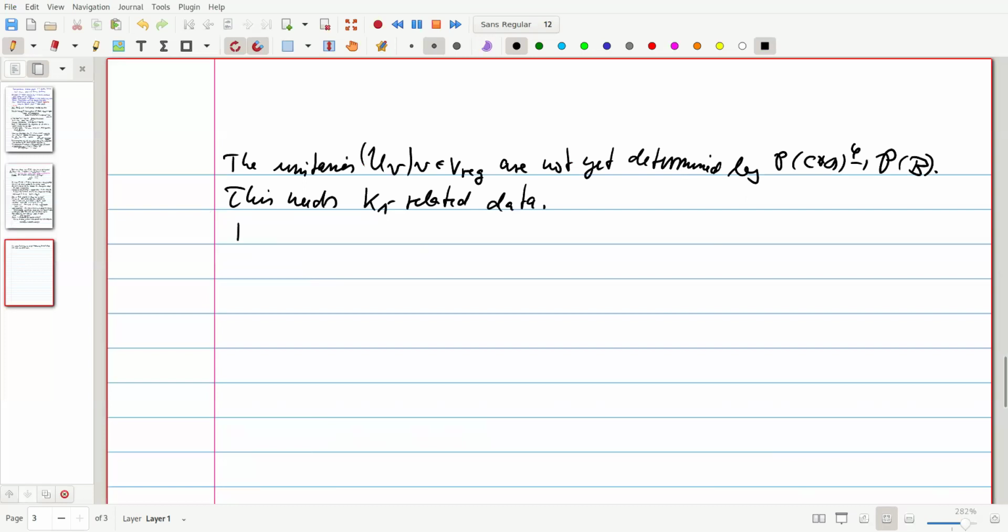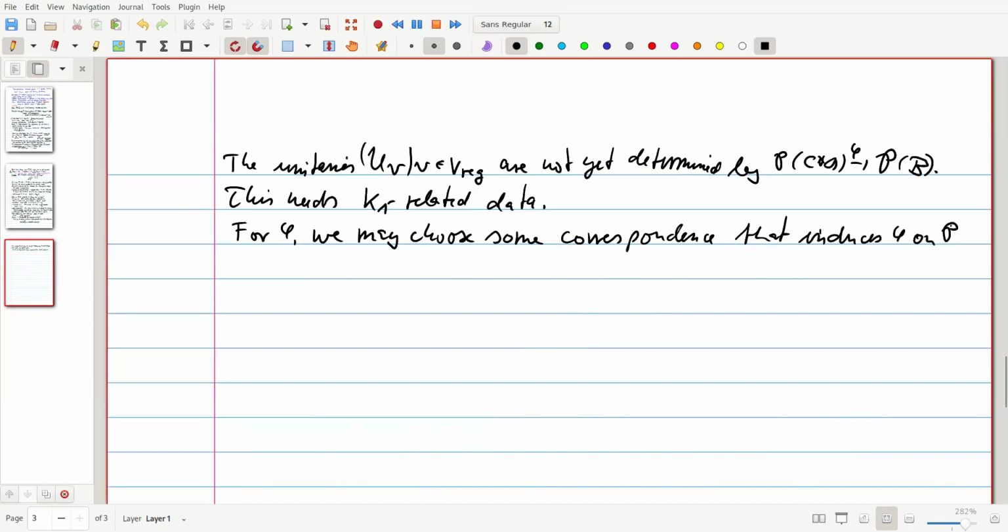So for phi, we may choose some correspondence that induces phi on the invariant. So we just talked about this. So if you are given the projections QV, which are giving such a homomorphism of monoids, then there exist some unitaries.